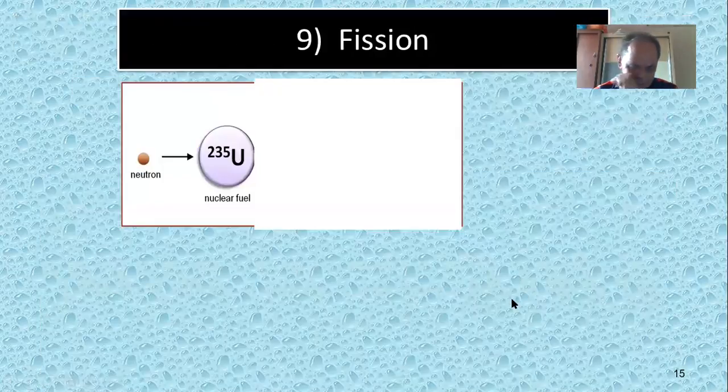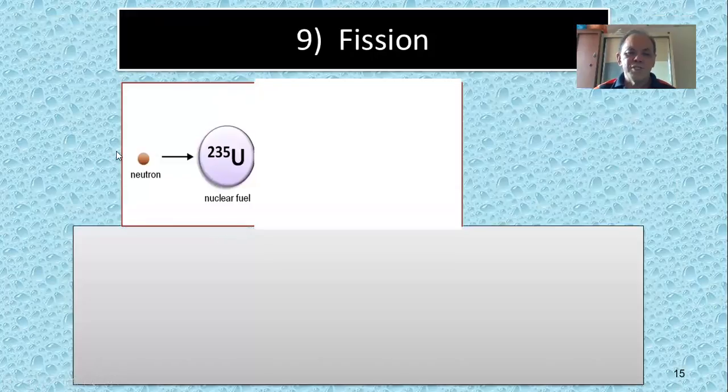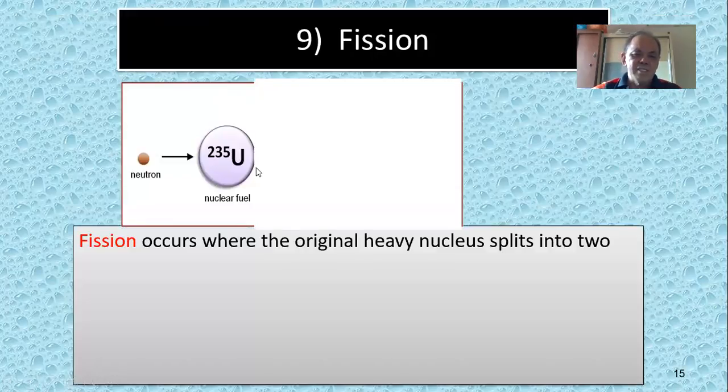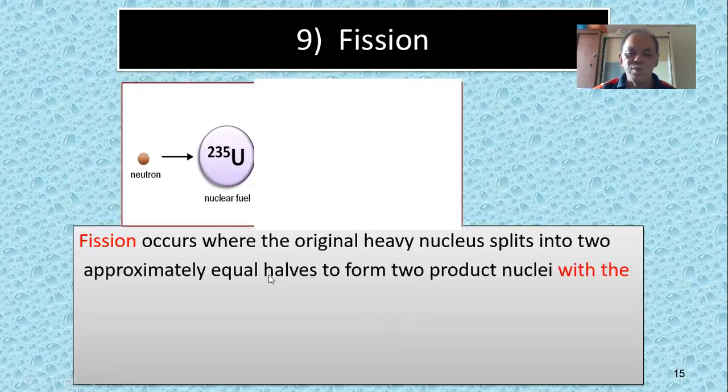Then we look at fission. A neutron is sent to hit a uranium-235. So usually fission occurs where the original heavy nucleus splits into two approximately equal halves. Two approximately equal, not exactly equal, but roughly, to form two products.